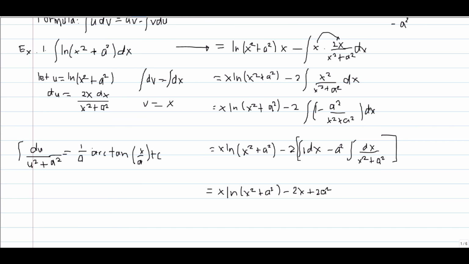So here, this is 1 over e, then arctan of x over e, then plus c.